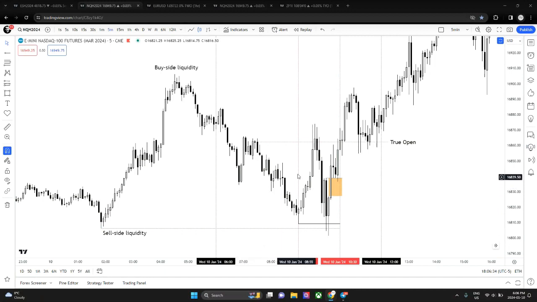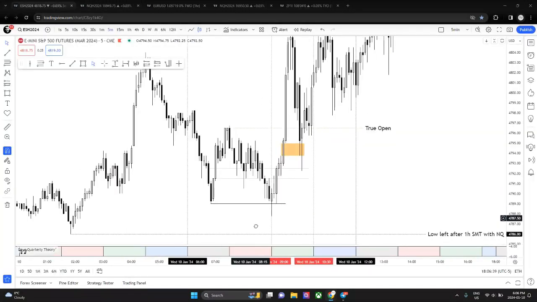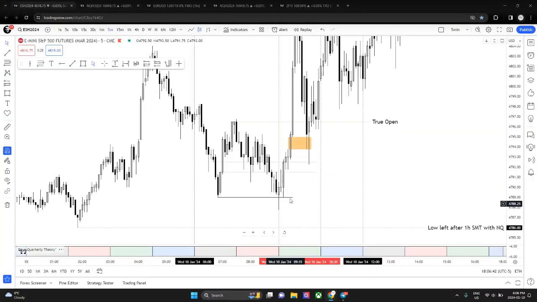So you will have the Nasdaq making a lower low while the ES failed to make a lower low right here, exactly at the time that I told you guys to focus on, between 9 a.m. and 10:30. Algorithmic.